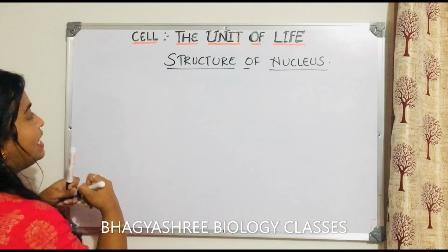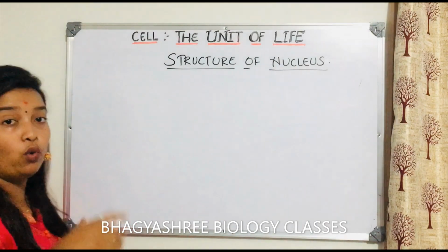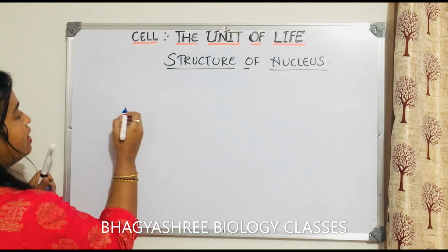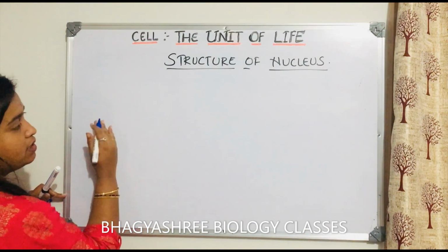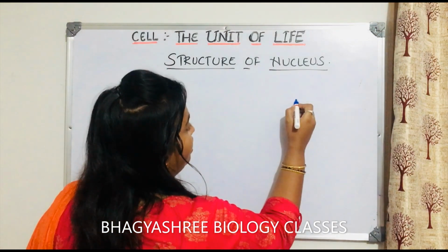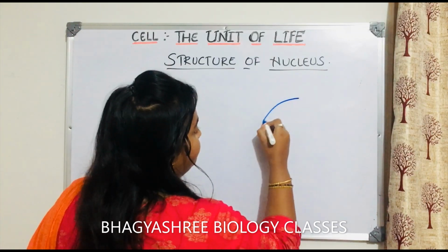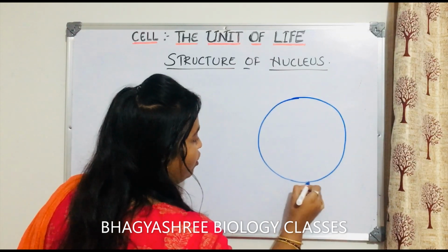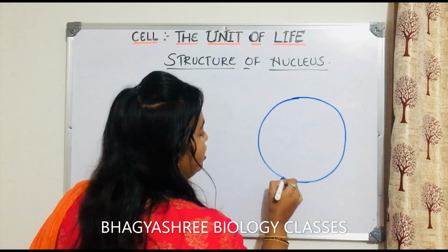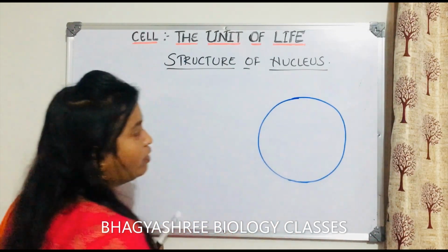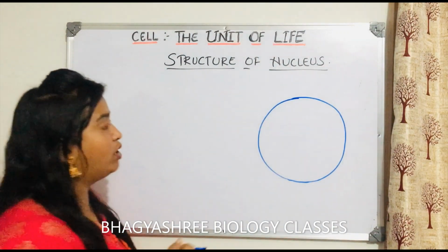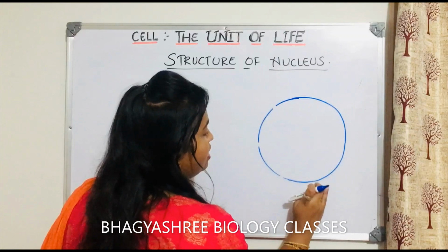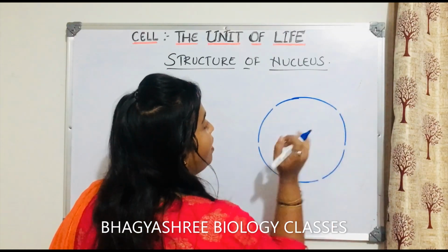So we have already seen that, I'll be drawing only the nucleus, not the cell. Let us consider this is the nucleus. Now you know the shape of the nucleus will be spherical, round in structure, and you will see that the nucleus is having two membranes.